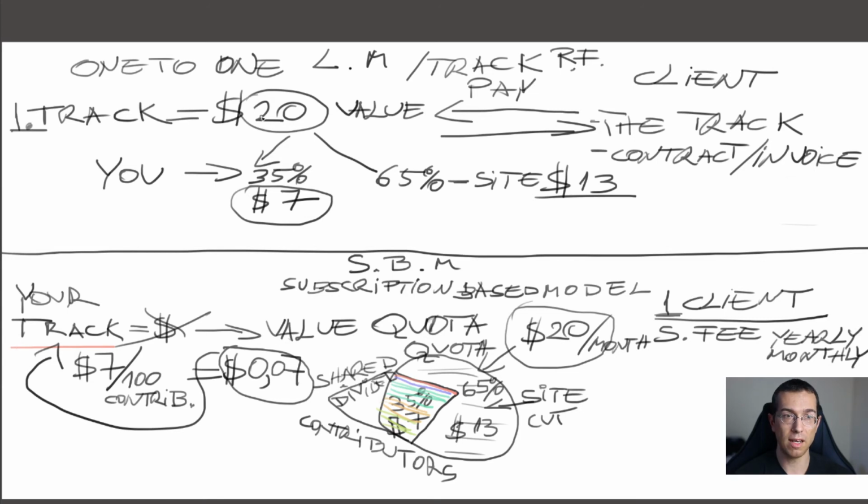It's not monetary, but it's in downloads. So as I explained, the value is in quota. What kind of percentage is your track occupying in that quota of the client? The entire quota of the client is $20, or what he's paying. This is the monthly.